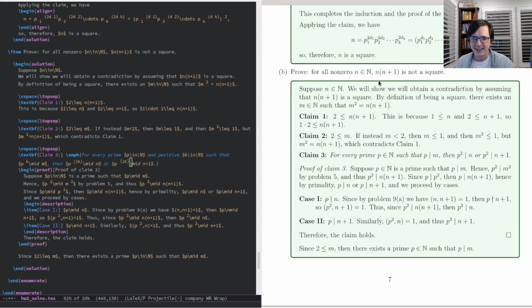Let's think through this again. So we have n as a natural number, and we want to obtain a contradiction by assuming that this number is a square. So it's a square, that means there's some number m that when you square it, we get n times n plus 1. And so n and n plus 1 have no factors in common.